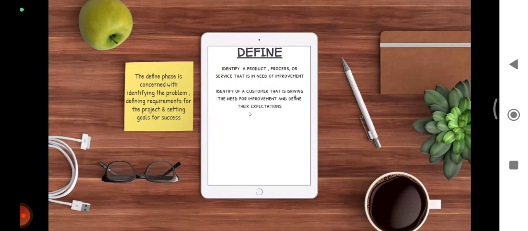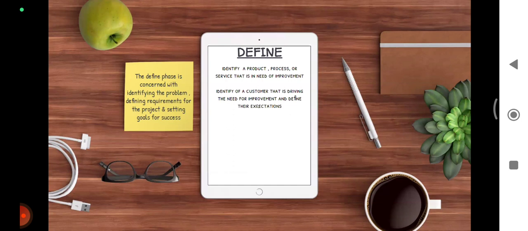The second thing that you have to do in the define phase, when you have identified a product or a process or a service that is in need of improvement, is to identify, within it, the internal customer and the external customer. The internal customers are the employees within your organization who are responsible for delivering that product, who are involved in that process, or who deliver that service, and what do they need in order to meet external customer needs and expectations.